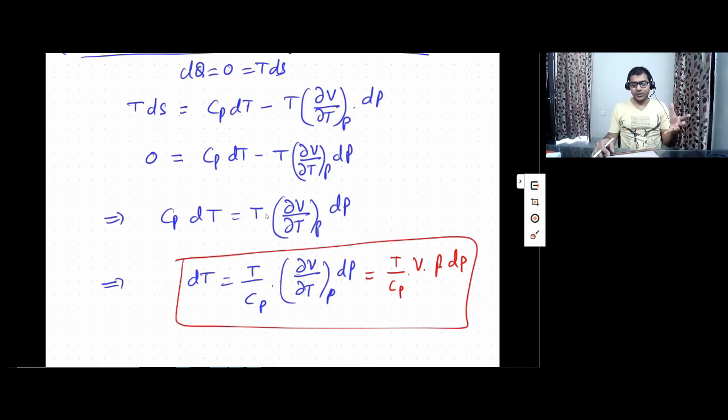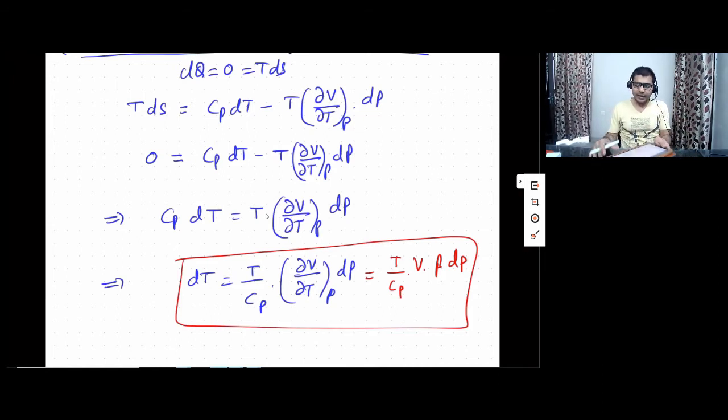For most solids and liquids, an increase of pressure, let's say, as I discussed in the last numerical example, from 0 atmosphere to 1000 atmospheric pressure, does not create a very appreciable change in temperature. Also the Cp does not change too much for a huge variation of pressure for most solids and liquids.